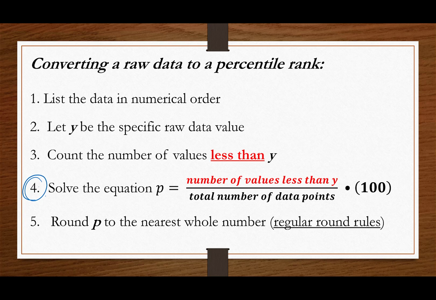That's just converting a ratio to a percent, but that is going to help us to identify the percentile rank. Percentiles are in whole numbers, and you need to just use regular rounding rules. If you want to copy this slide into your notes, go ahead and hit pause to copy them down.